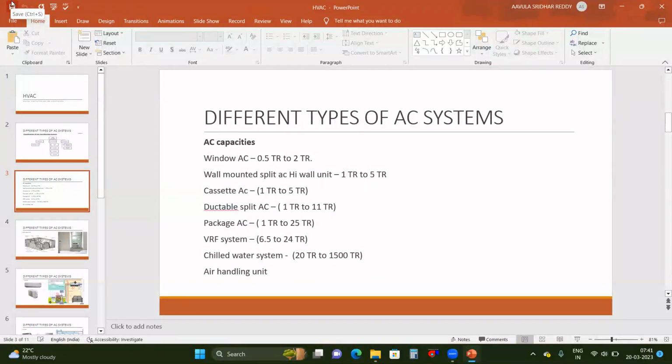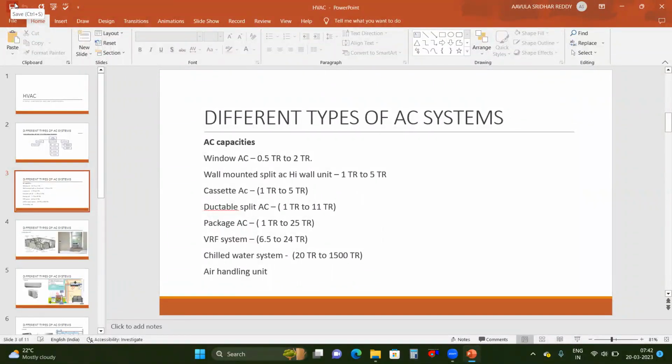Okay. So next one, wall mounted split AC or high wall unit. So we can call it as split AC or high wall unit, that is 1 TR to 5 TR. Okay. And cassette ACs of 1 TR to 5 TR capacities we have. And next one, ductable split AC. We have 1 TR to 11 TR capacities. And package AC 1 TR to 25 TR.